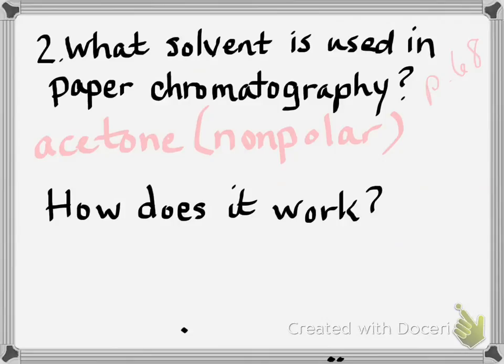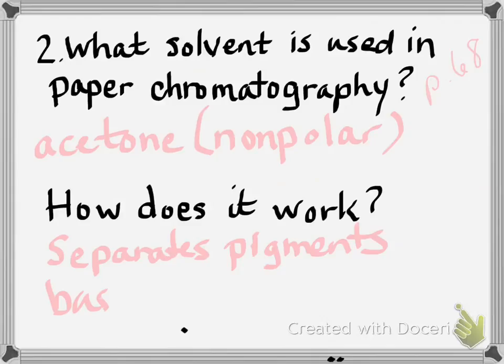Okay, looking at the sentence that you may have written on page 68, I'd like to answer the next question. How does paper chromatography work? Separates pigment based on solubility. Good. So it separates the pigments that we mashed from the leaf based on the different solubilities of the pigments, how well they dissolve.